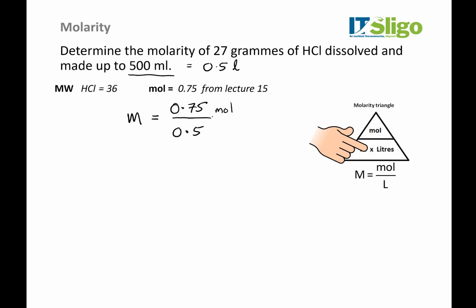This is moles over litres. So that's what gives us our unit then of molarity. And then, guys, we multiply top and bottom by 100. We have 75 over 50, which is 3 over 2. So our answer is 1.5, a molarity of 1.5.